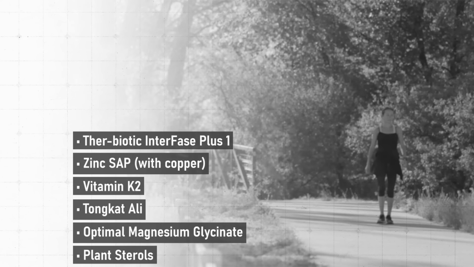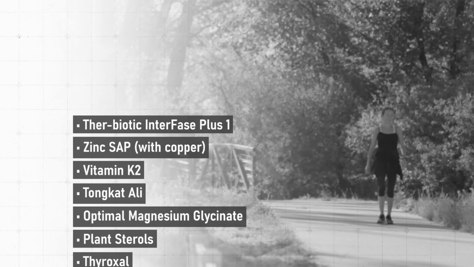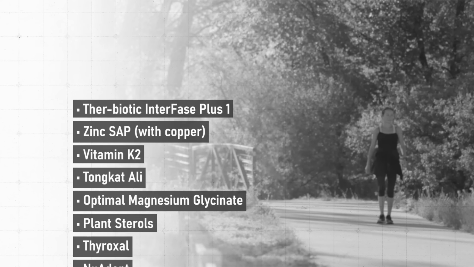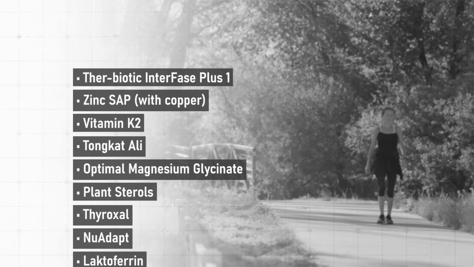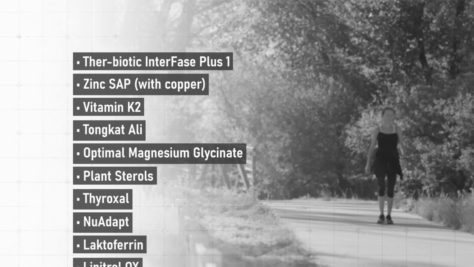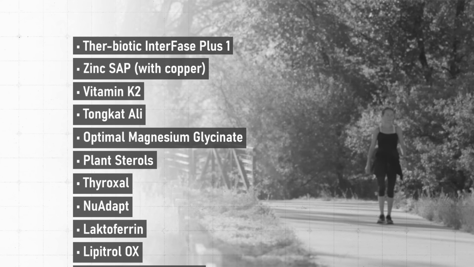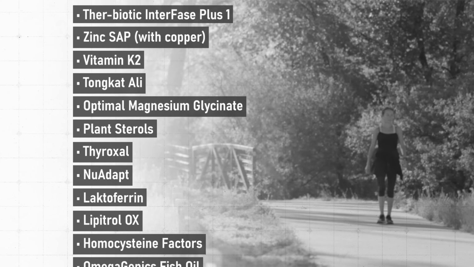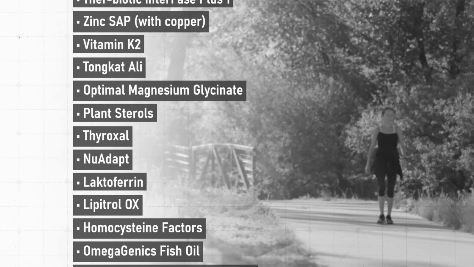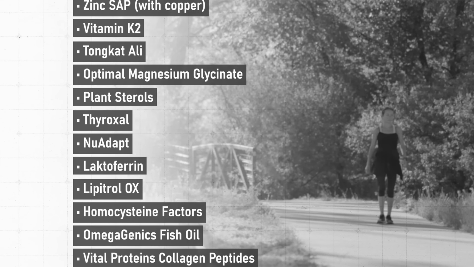She's on a specific K2. She's on something for estrogen metabolism. We did some urometabolite testing on her. She's on Tongkat Ali to help with conversion of the testosterone that she's getting into free testosterone. That was an upgrade we have to make over time. She's on additional magnesium. She's using a product for thyroid support. She's using a product for cortisol support.